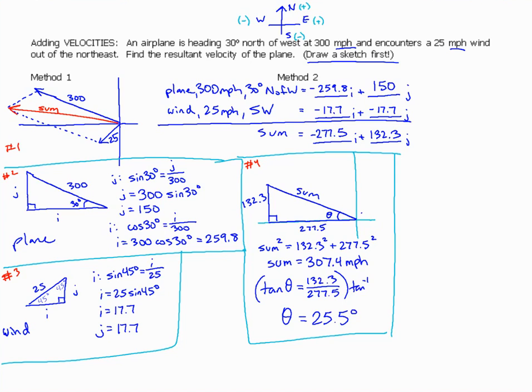So we can write our summary here, and the sum is 307.4 miles per hour at 25.5 degrees, and this angle is north of west. North of west.